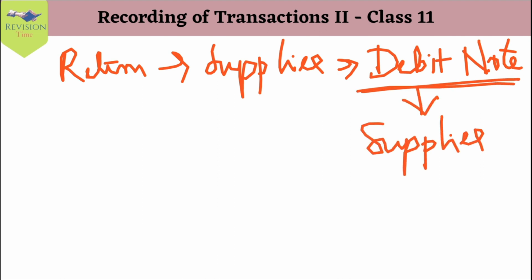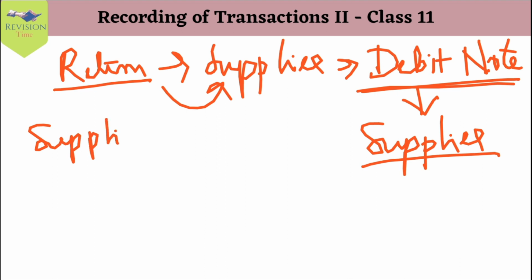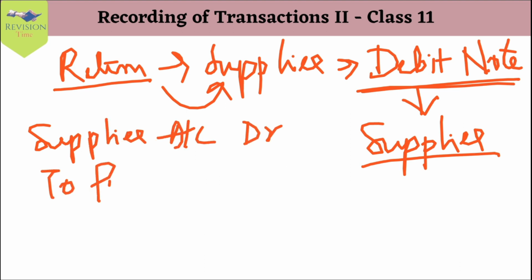Now, what is this debit note? A debit note is a document that a business prepares and issues to the supplier when returning goods to them. Now, what is our journal entry for purchase return? We record it as supplier's account debit to purchase return account.